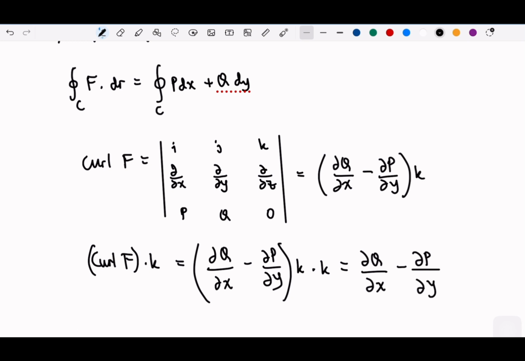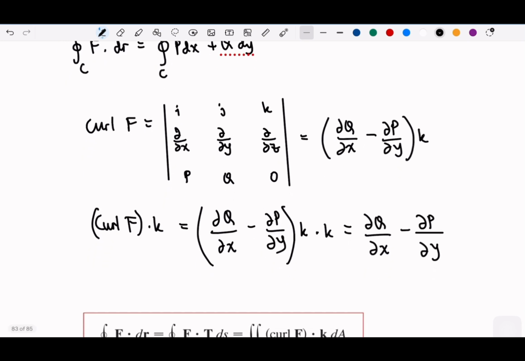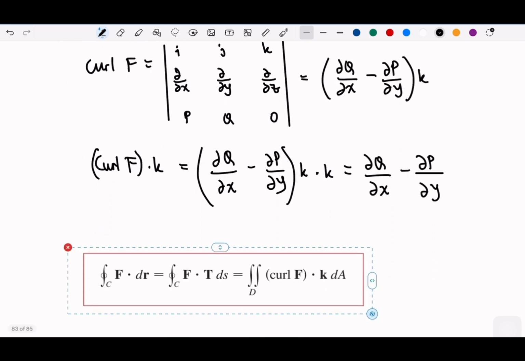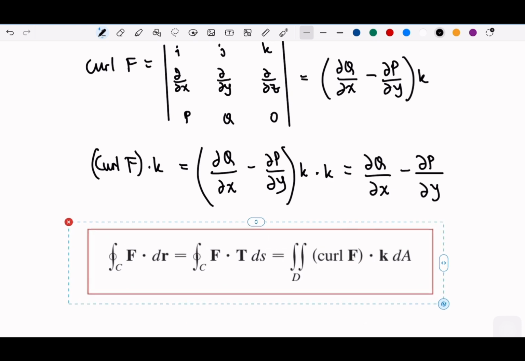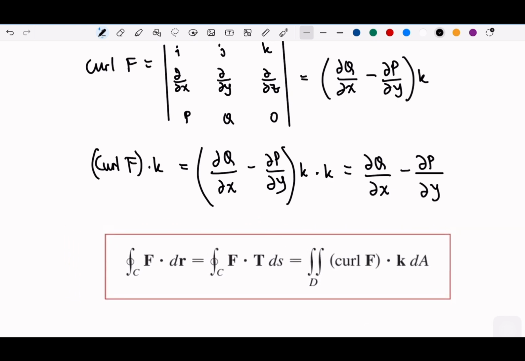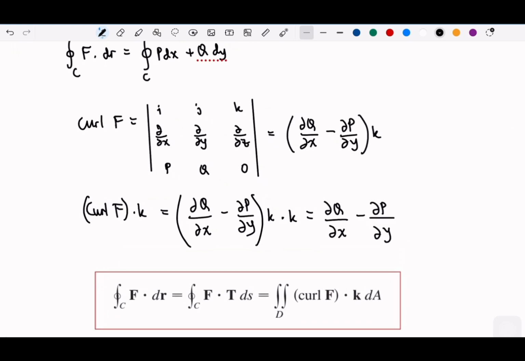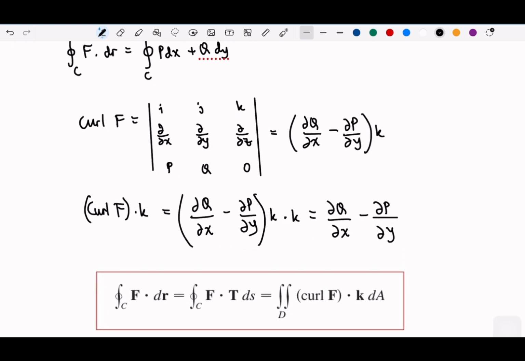So now we can write the line integral based on the terms in the curl that we've done. So curl f dot k.